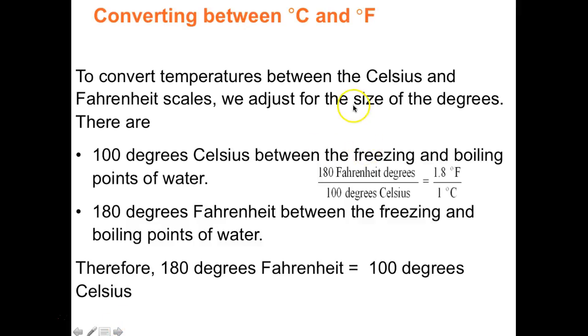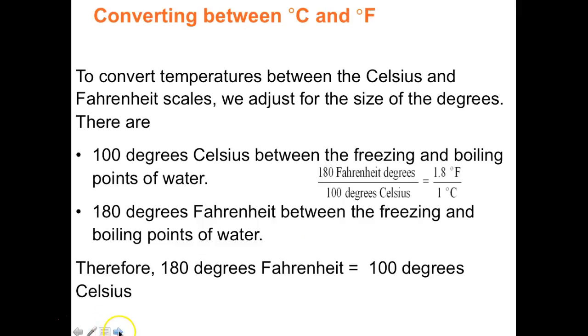To convert between the temperatures, this is the conversion factor that you need to be using: 1.8 degrees Fahrenheit per degree centigrade. You can write another conversion factor that is vice versa, 1 degree centigrade over 1.8 degrees Fahrenheit.